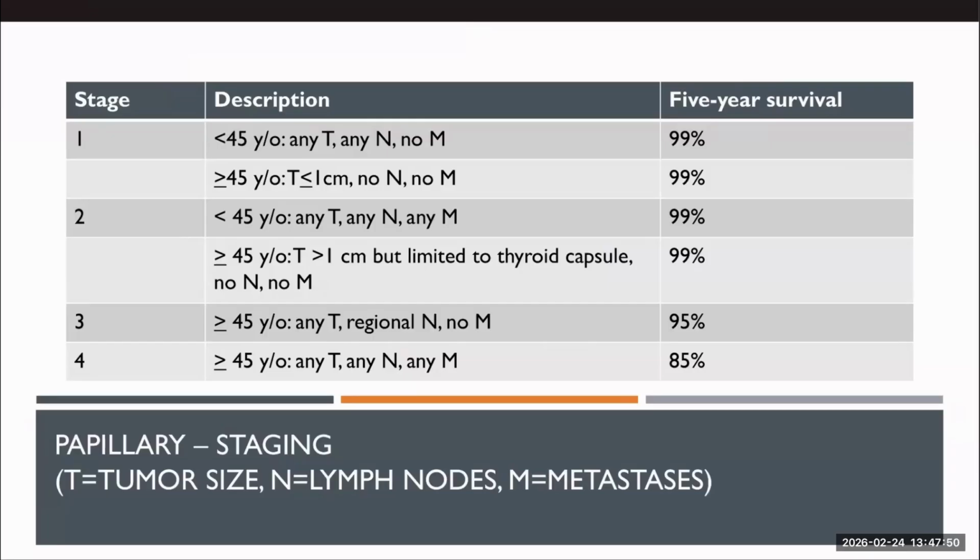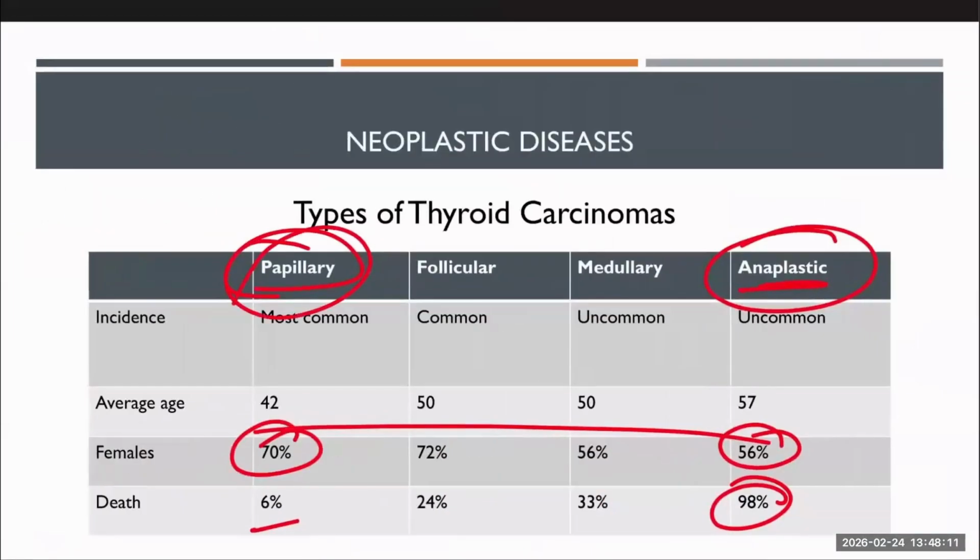I'm not going to make you memorize this, but what's important here, even if you're stage 4, your 5-year survival rate with thyroid cancer is still 85%. So even the worst type of stages of thyroid cancer staging for papillary, which again, papillary is the most common one and the most benign.